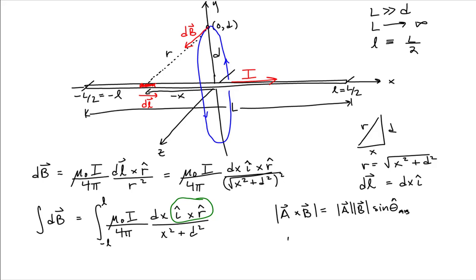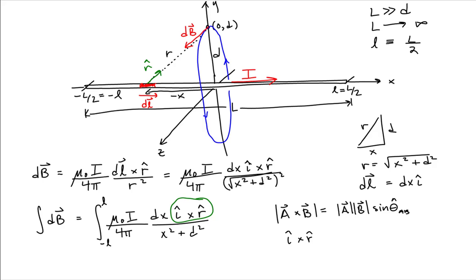So for this problem, in which we have dl hat cross r hat, well, what is r hat? R hat is that unit vector that points in the direction of the relative position of that point on the y-axis to our representative source charge element dl.